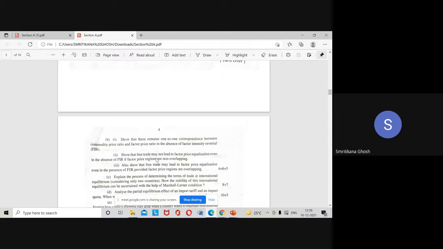Look, this is neither necessary nor sufficient. If the factor price regions are non-overlapping, yes, the answer is also given. If L by K are widely varied, this type of question was already there. So if W by L of both countries are widely varied so that there is no overlapping zone, you may not have factor price equalization, though there is no factor intensity reversal.